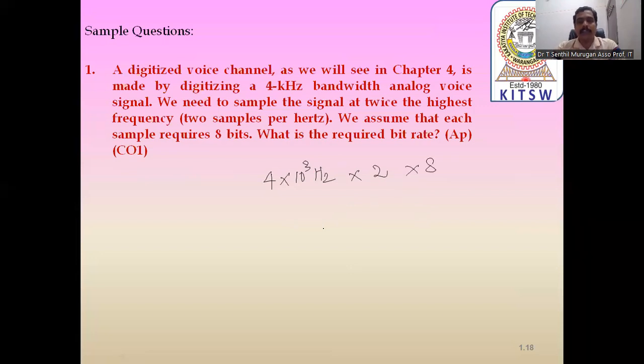What is the bit rate they are asking? 4 into 1000, that is 4000, is the bandwidth of the voice signal. Twice we take the samples, so 8000, and then 8 bits for each sample gives 16,000 bits per second, or 16 kilobits per second. So this is the answer.